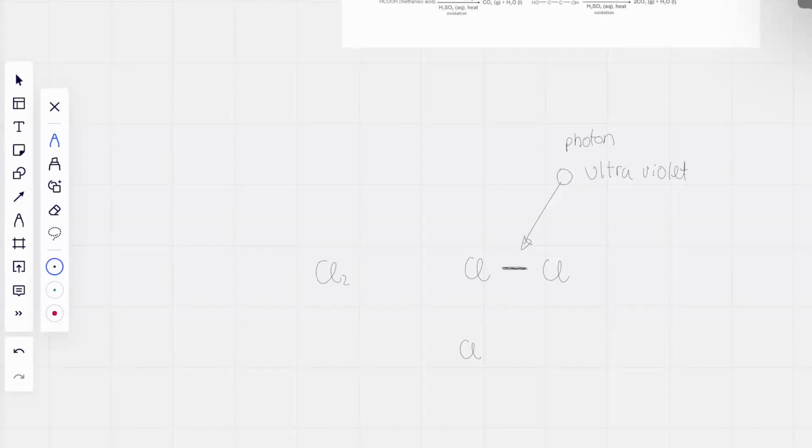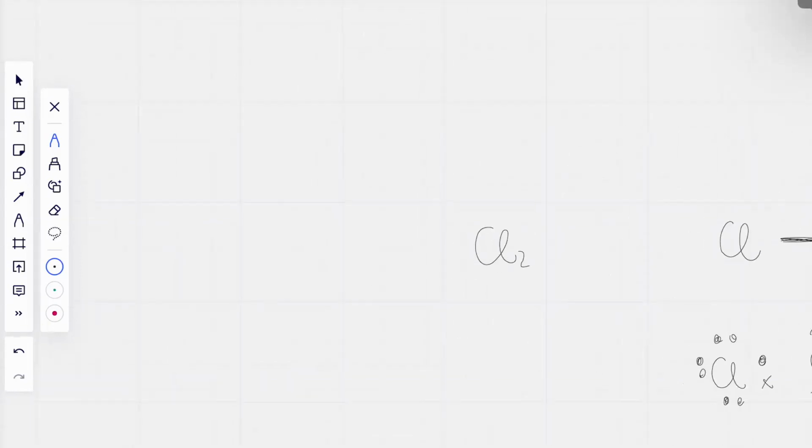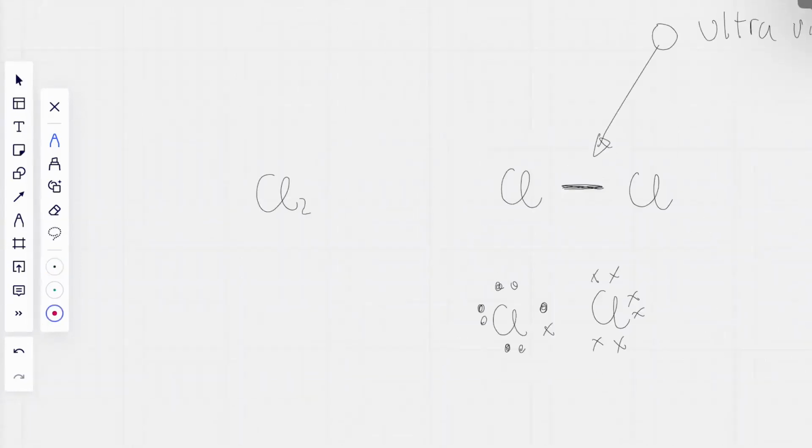Yeah. Then the chlorine, remember, have 7 outer electrons. Then they will break up. And the way they break up, each of the chlorine brings their own electron in the middle there.